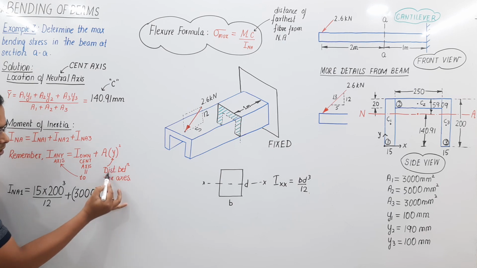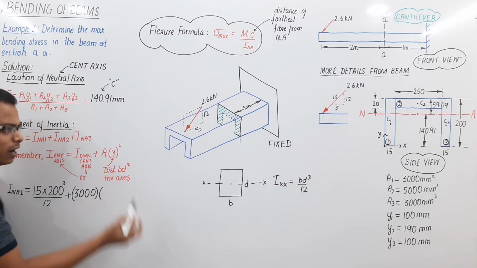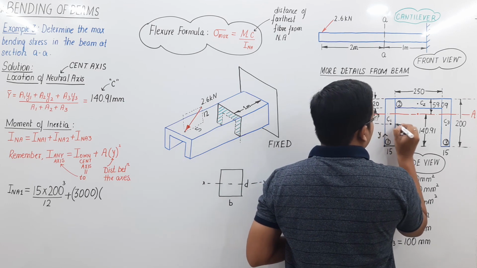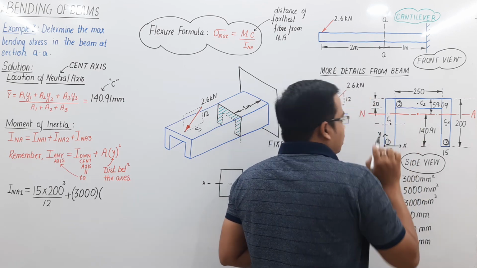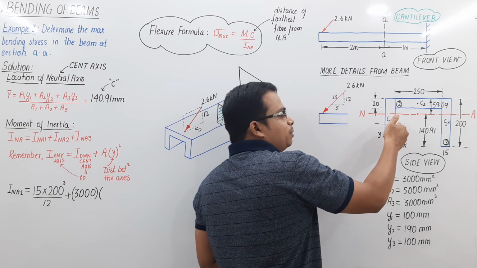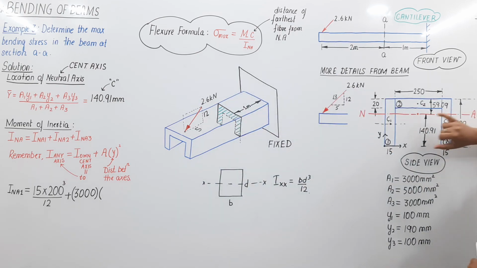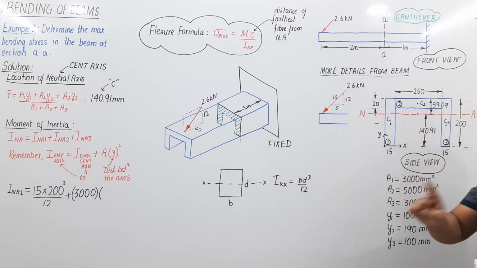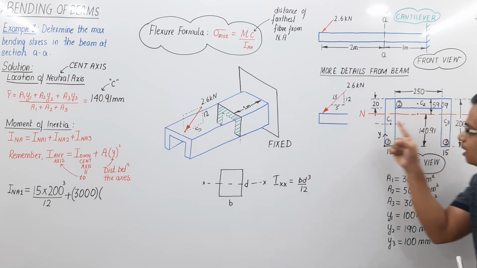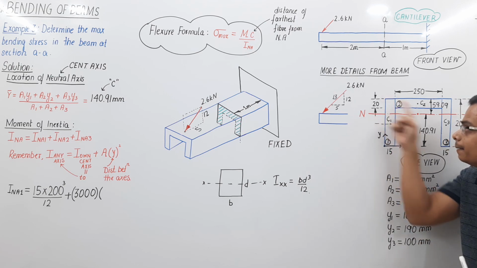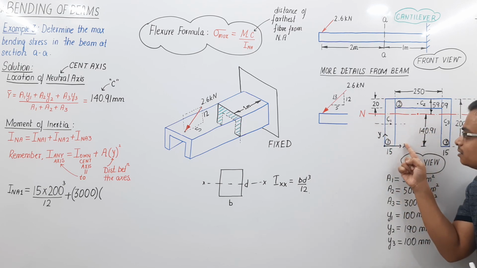Just take a look at this, the distance between the axes. We have an axis right here. This distance happens to be 100 and this is 140. We want the distance between the neutral axis and the centroidal axis of rectangle 1 only. That is 140.91, this is 100.